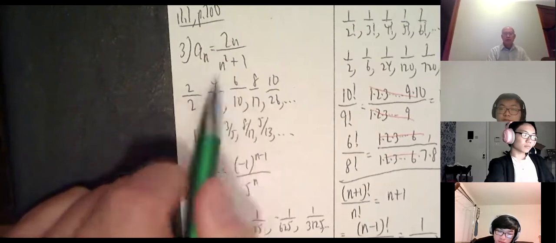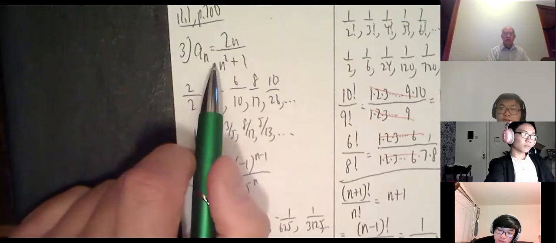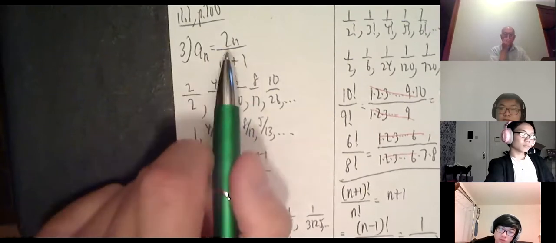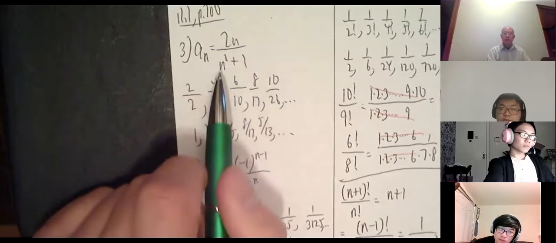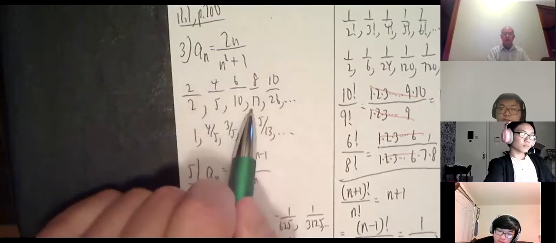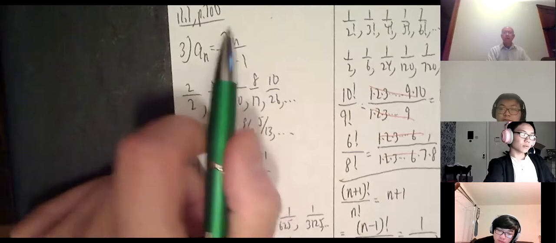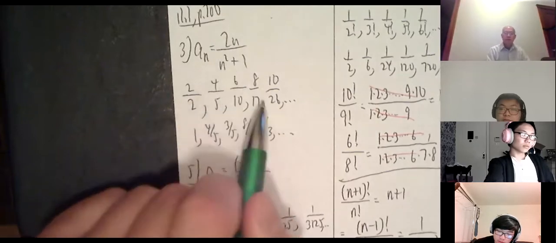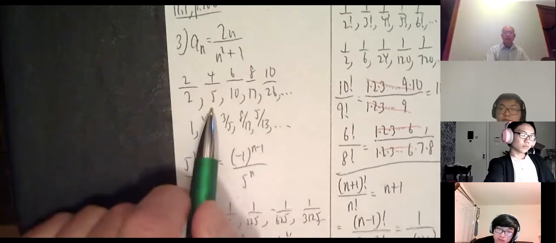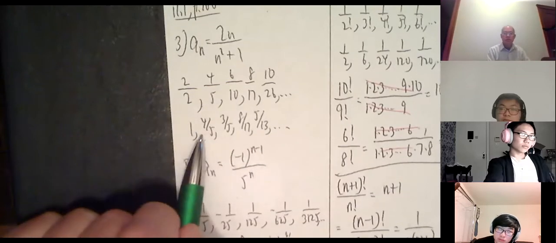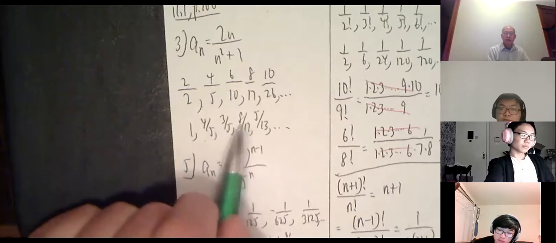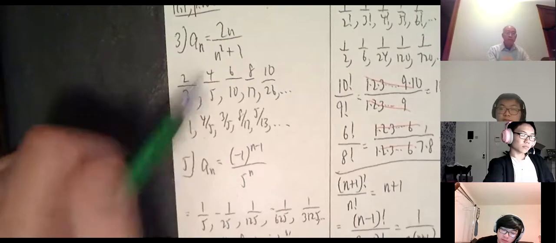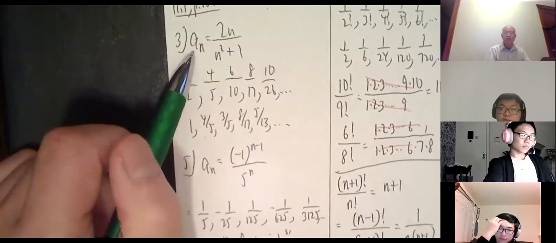Plug in 3: 2 times 3 is 6, 3 squared, 9 plus 1 is 10. Plug in 4: 2 times 4 is 8, 4 squared, 16 plus 1 is 17. Plug in 5: 2 times 5 is 10, 5 squared plus 1 is 26. And reduce. If I reduce all these, it's 1, 4/5, 3/5, 8 over 17, 5/13. Very easy, right? You just plug in 1, 2, 3, 4, and 5.